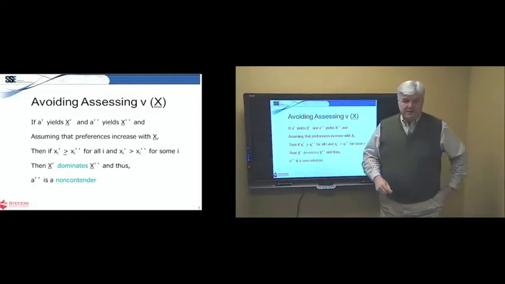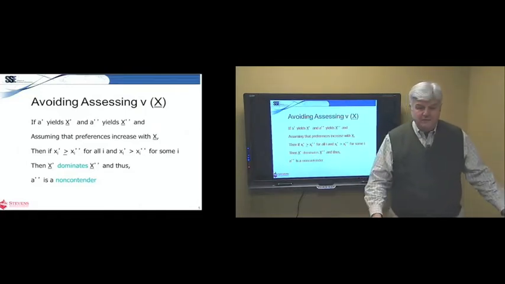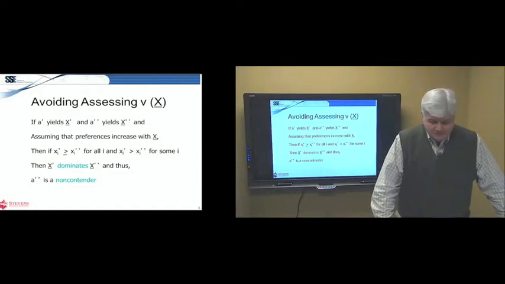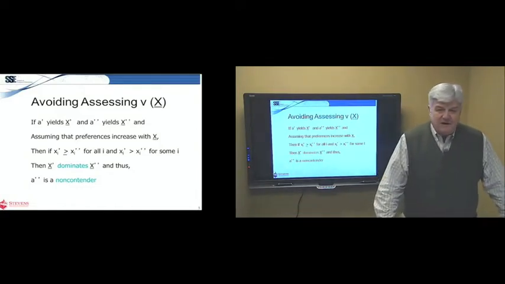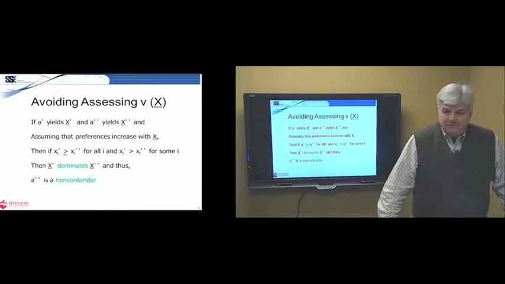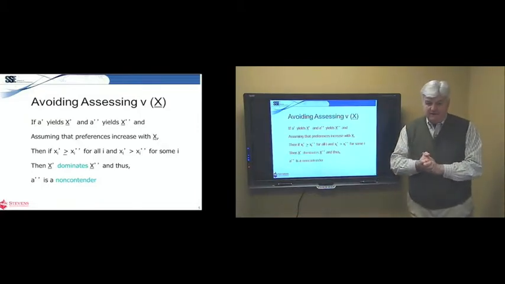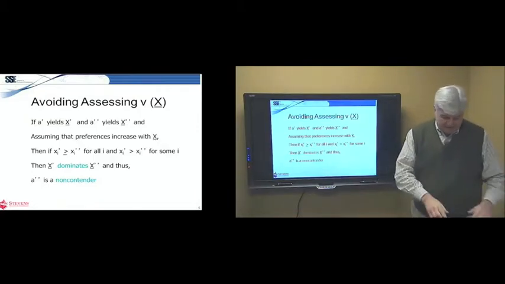And hence, the a double prime alternative is a non-contender. In other words, when you're looking at two alternatives, two cars, for example, if one car dominates the other car in every attribute, there's no reason to come up with a value function, just pick the better car. So that's one way of avoiding assessing this value function that we're going to get into in a few minutes.